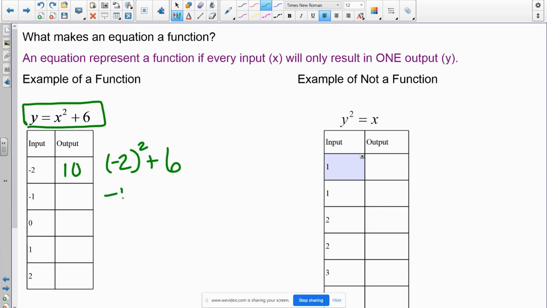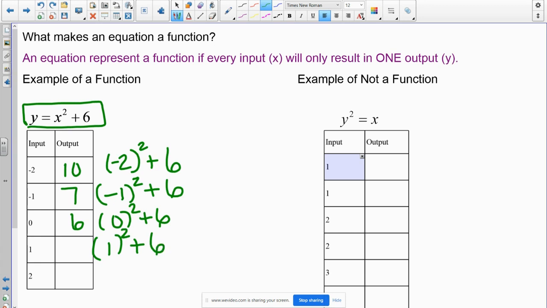Next, if I take -1, I square it, and I add 6. This is 1 plus 6 is 7. If I square 0 and add 6, 0 squared is 0, plus 6 is 6. If I square 1 and add 6, 1 squared is 1, plus 6 is 7. And 2, if I square that, would be 4, plus the 6 would be 10.